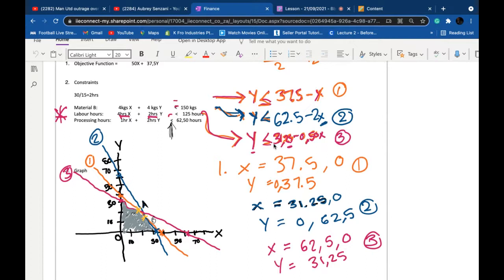When X is equal to 0, that's the first point that we have there. Then, when Y is equal to 0, we know that X is going to be equal to 3.75. That's how we're drawing the orange line. Can you see that? Then we do the same thing for the blue and the purple line.